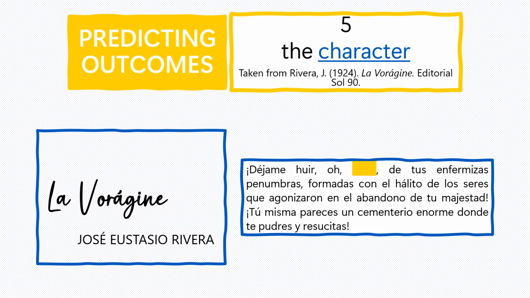Déjame huir, oh, de tus enfermizas penumbras, formadas con el hálito de los seres que agonizaron en el abandono de tu majestad. Tú misma pareces un cementerio enorme donde te pudres y resucitas. Again, is it a she or a place? Whom are we talking about? Again, it is a place. It is the forest. But it could be Alicia in some way.